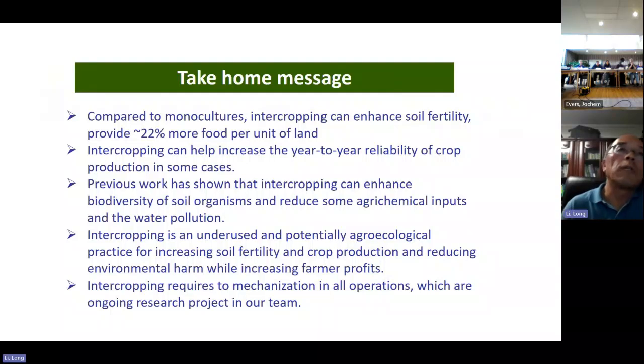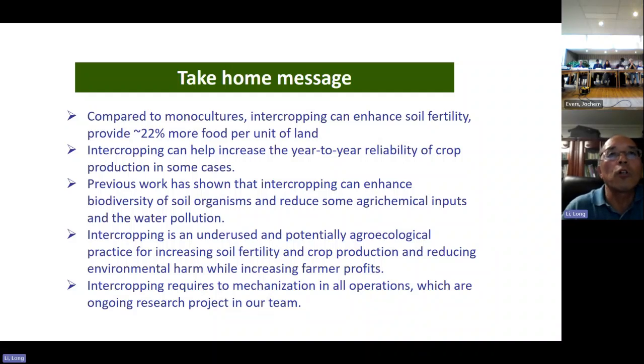So I would like to go to the take-home message. Compared to monocultures, intercropping can enhance soil fertility and provide up to 22% more food per unit of land. Intercropping can help increase the year-to-year reliability of crop production in some cases.